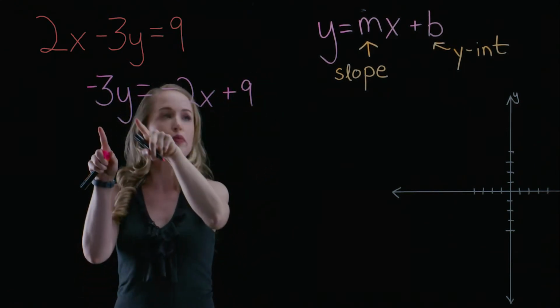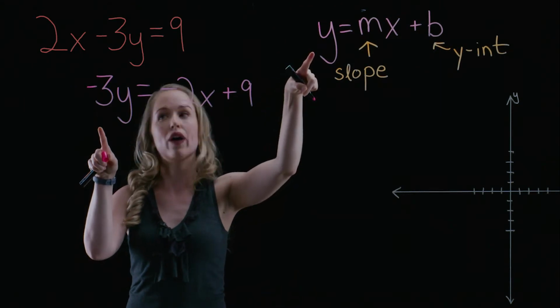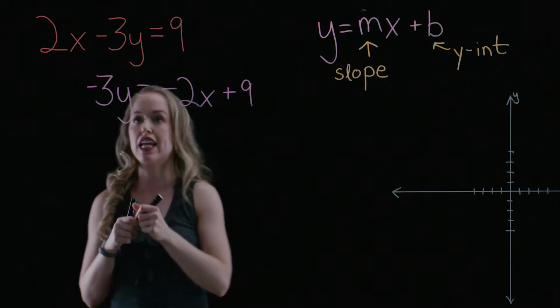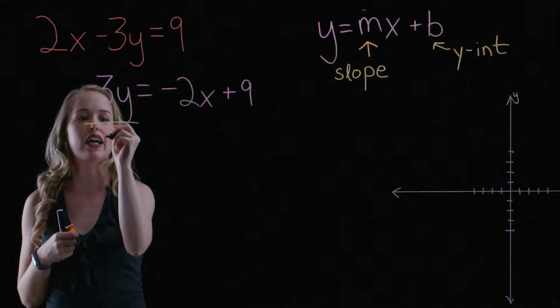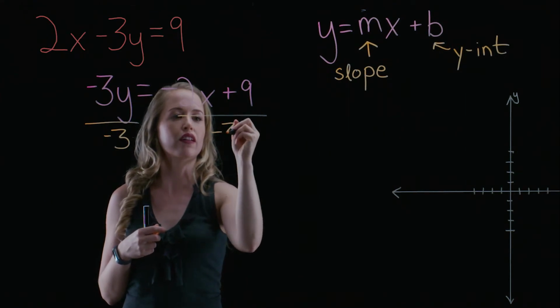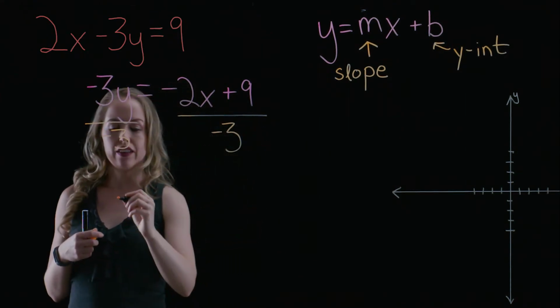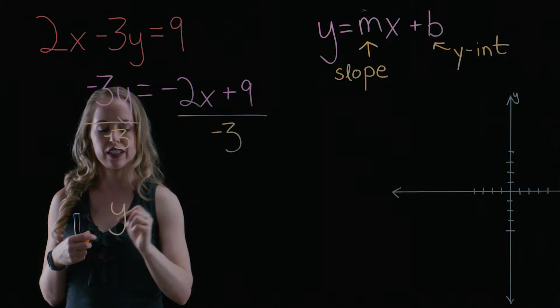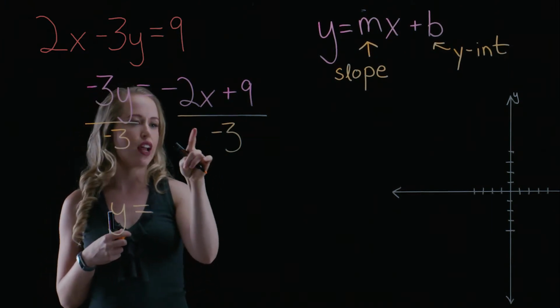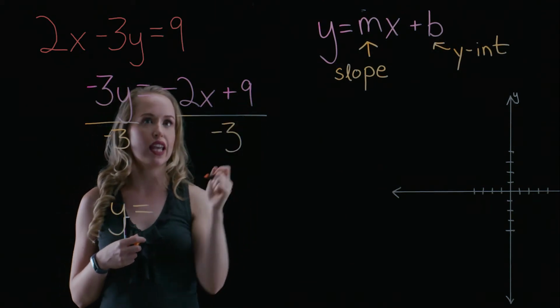So I'm closer to being in the proper structure, but I'm not quite there. I then have to divide both sides by negative 3 in order to get the y entirely by itself. So now, on the left-hand side, I have successfully gotten the y all by itself. Here, I need to make sure that I divide both terms by the negative 3.